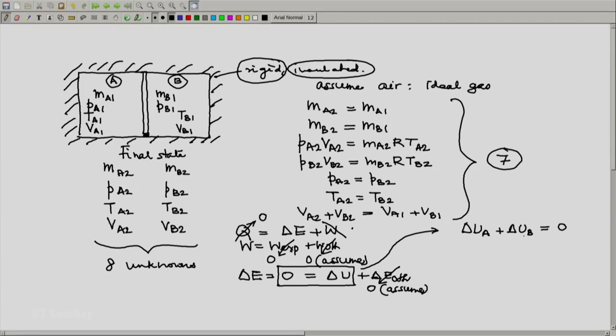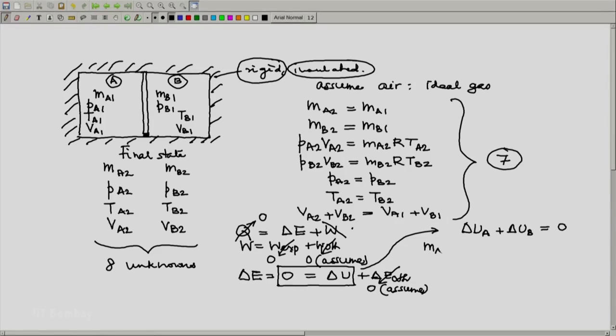Okay. And delta UA is related to its final temperature and initial temperature. Delta UB is related to its final temperature and initial temperature. Since the initial temperatures are the same, the final temperatures are also the same, we can write a simple expression for this.